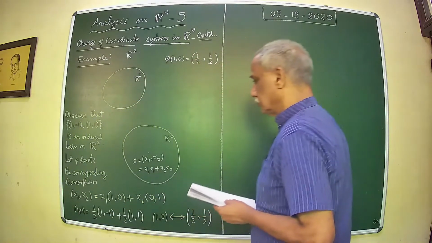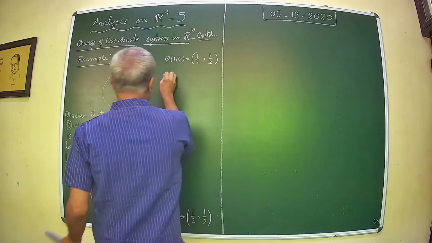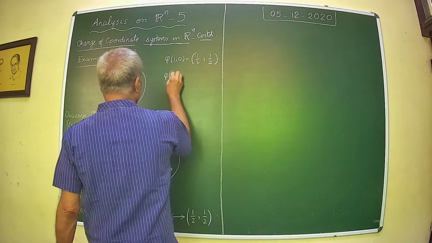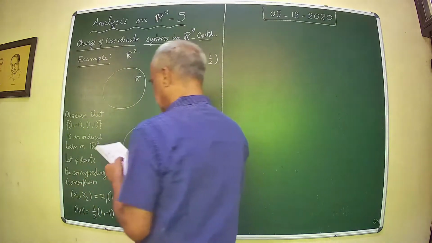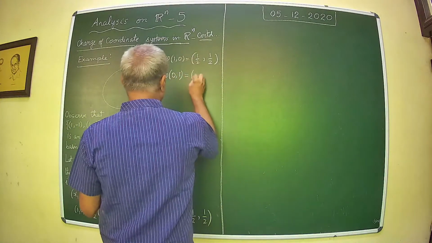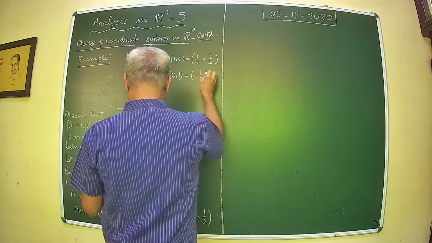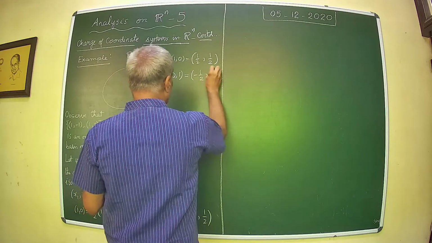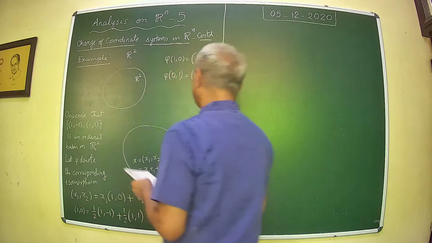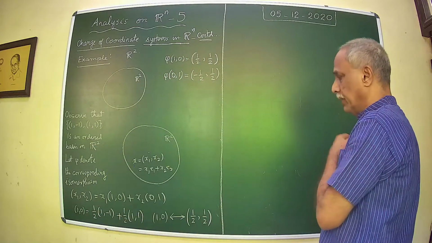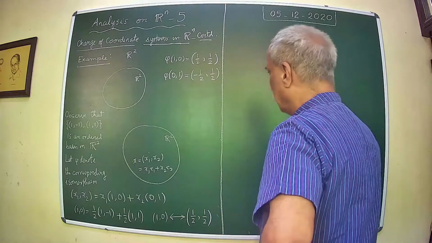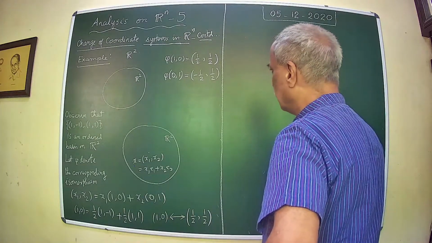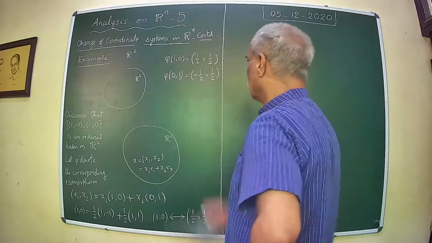Similarly, compute phi of (0, 1). Phi of (0, 1) will turn out to be (minus 1 by 2, 1 by 2). This is actually minus 1 by 2 into (1, minus 1) plus 1 by 2 into (1, 1). Okay, you can verify that it gives you (0, 1).